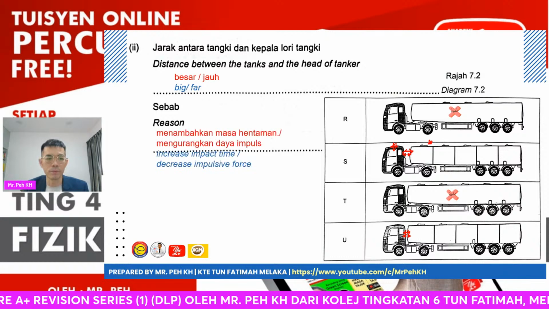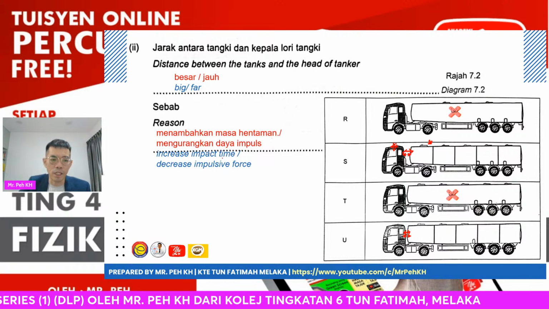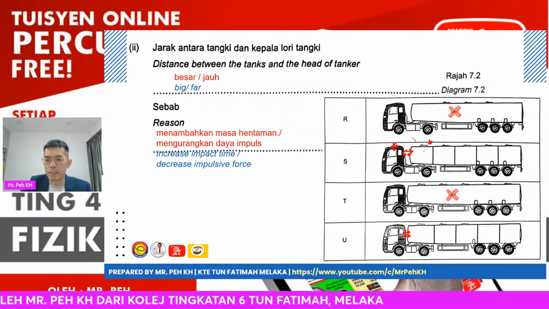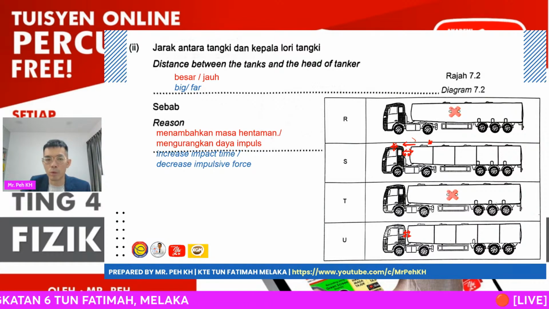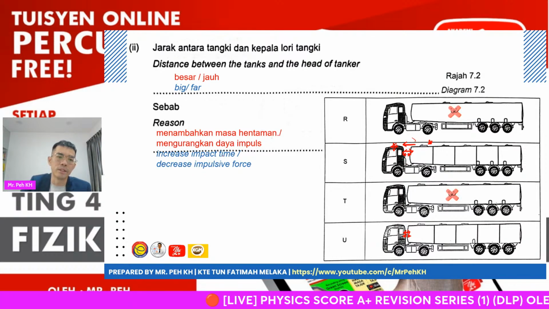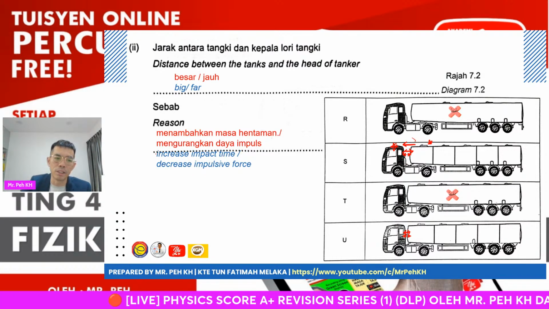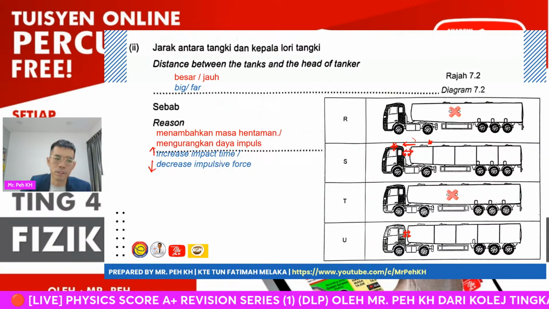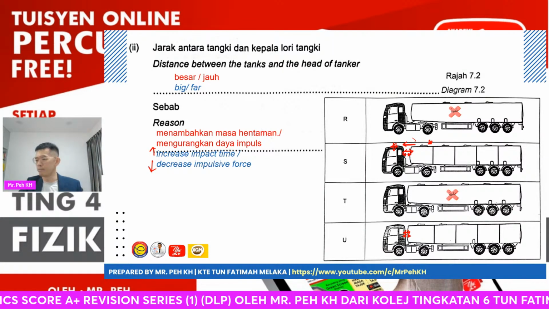The reason is to increase the time of impact, so that when the tanker moves forward, it will take a longer time to hit the head of the tanker. When the time of impact increases, the impulsive force will decrease.